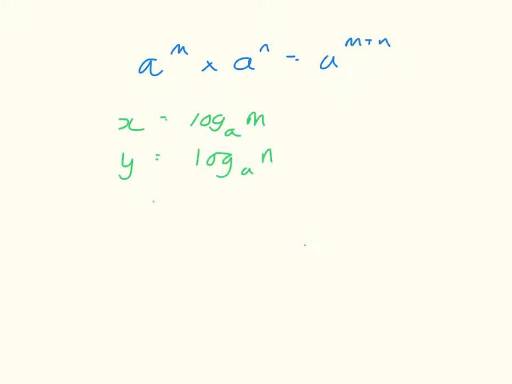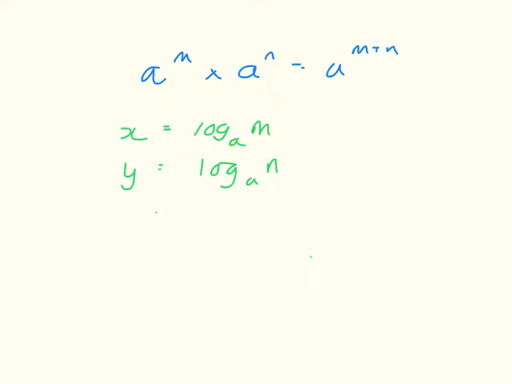Now, using our knowledge of exponents, we can rewrite these as a to the power of x is equal to m, and a to the power of y is equal to n.